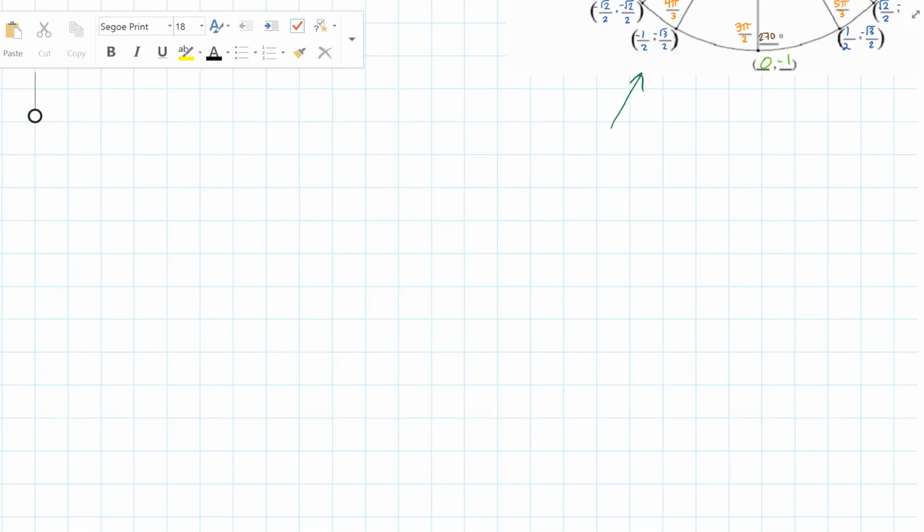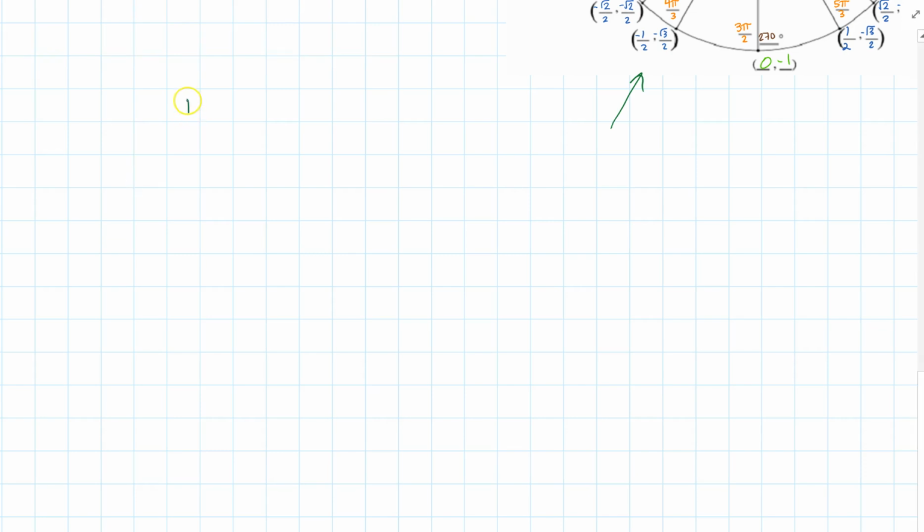Okay, because of low battery, I'm going to hurry up, but here's the deal. Let's say that you're told to find the 6 trig values given a point. So let's say that the point is, I don't know, let me make it smaller, so negative 8, 9.